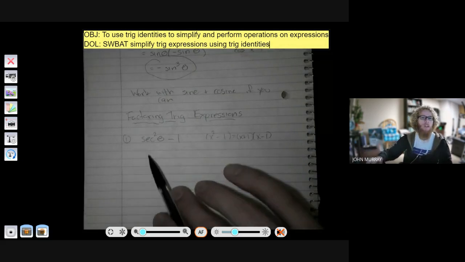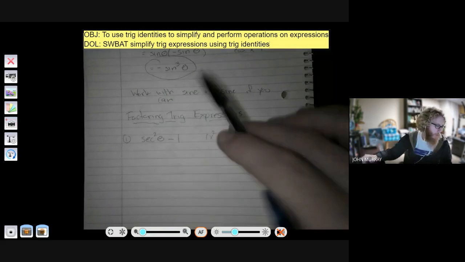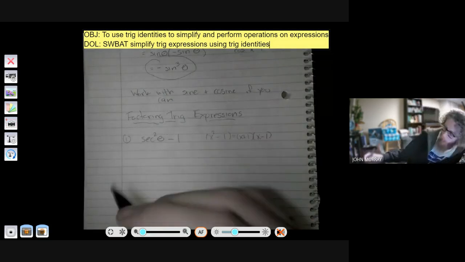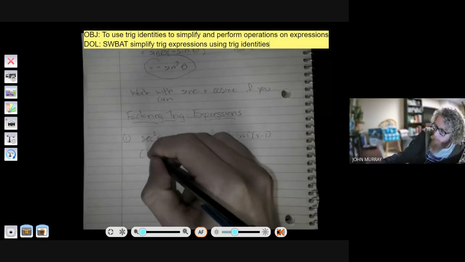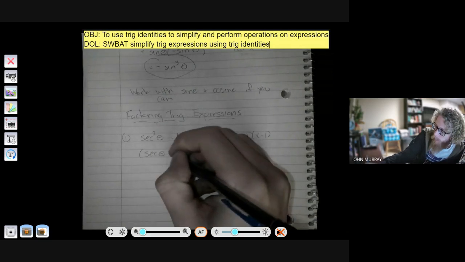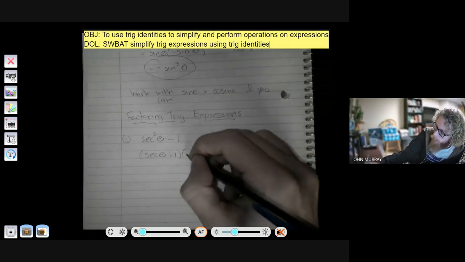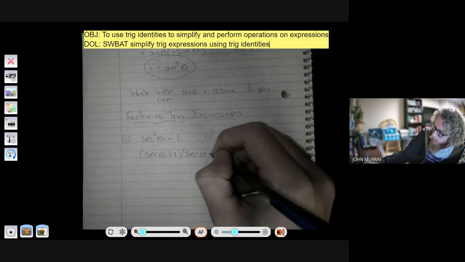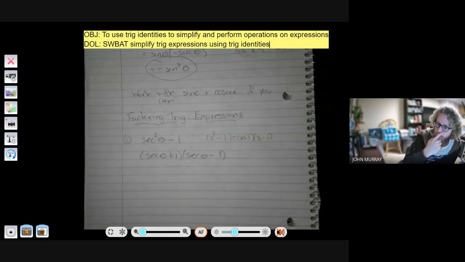So for secant squared minus 1, I can break that up into secant plus 1 times secant minus 1. Straightforward like that.